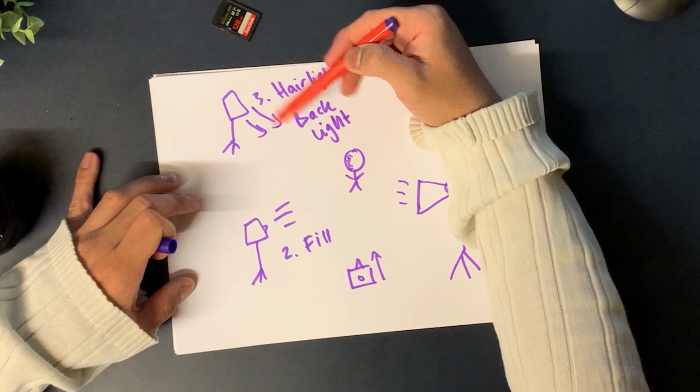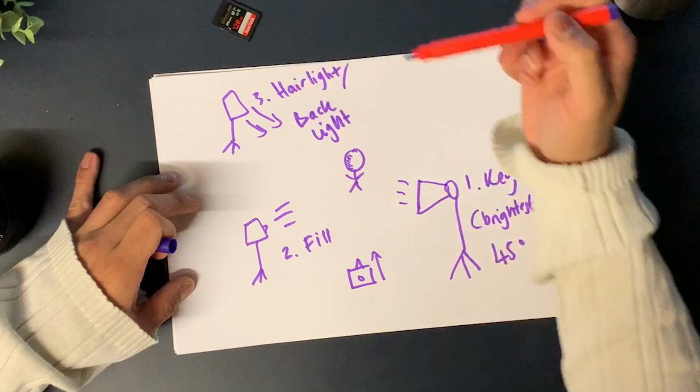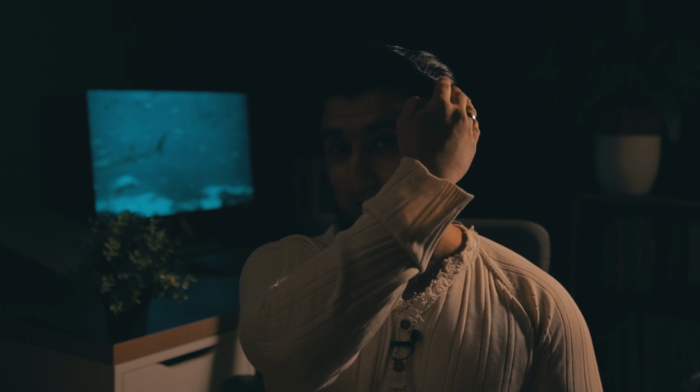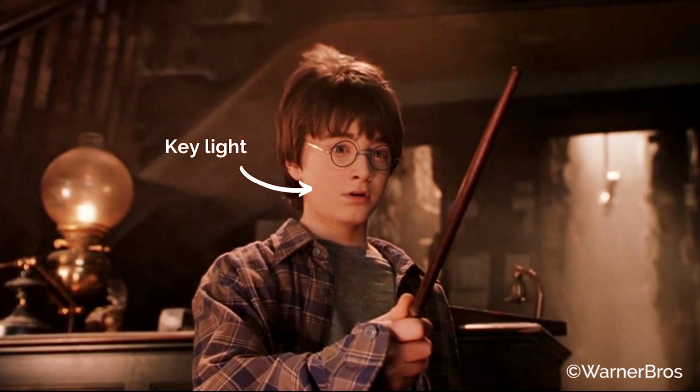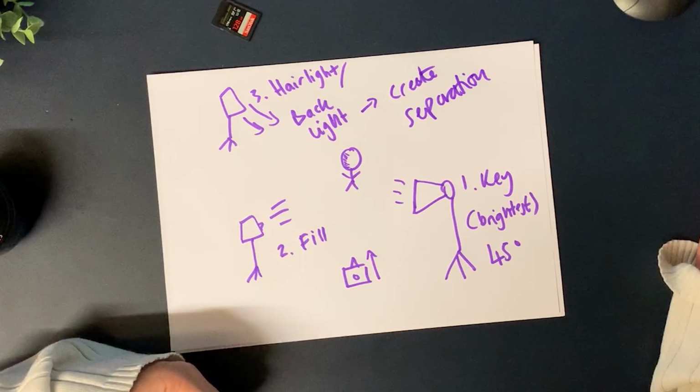And the hair light, or the backlight coming from the other side, basically the purpose of that light is to accentuate the hair and the border of the person's body in order to create separation from the background. And that is 3-point lighting.